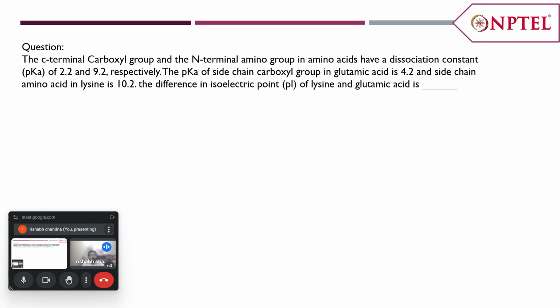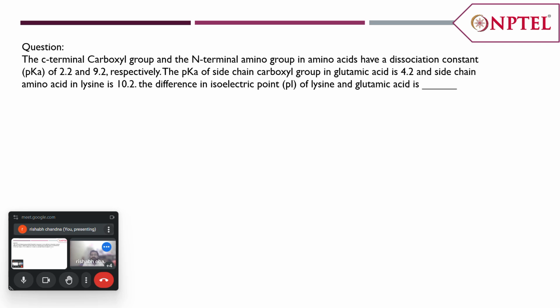This is also a calculation based question on the pI, that is the isoelectric point of amino acids. We have the C terminal carboxy group and the N terminal amino group in amino acids, and they have dissociation constants of 2.2 and 9.2. These are the pKa values of the carboxy and amino terminals.